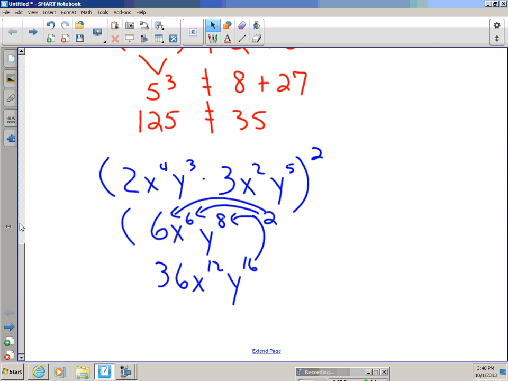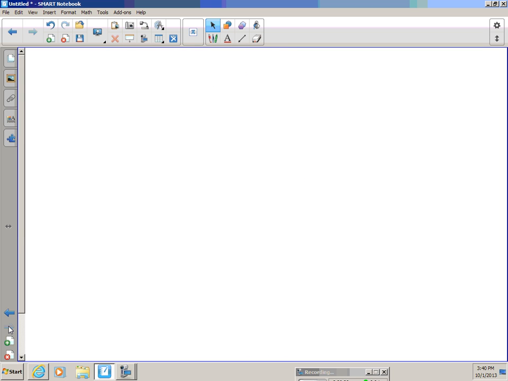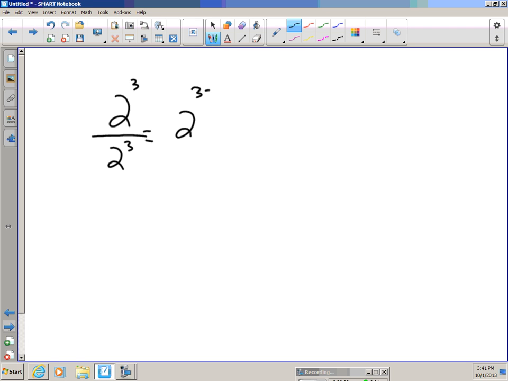The fifth rule that I'm going to go through, which is pretty straightforward in terms of a rule, but sometimes a little bit difficult for students to get a hold of conceptually. I'll demonstrate as follows. We know from our quotient rule learned in the other video that 2 to the third divided by 2 to the third, I subtract the exponents when dividing, and I get 2 to the 0 power.